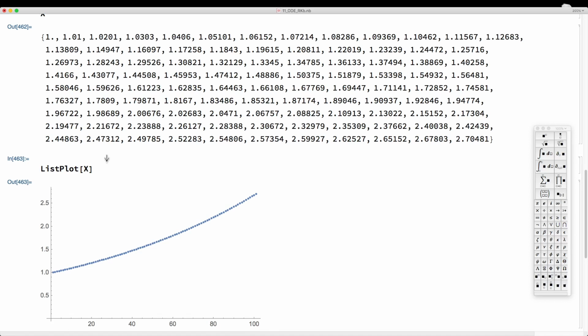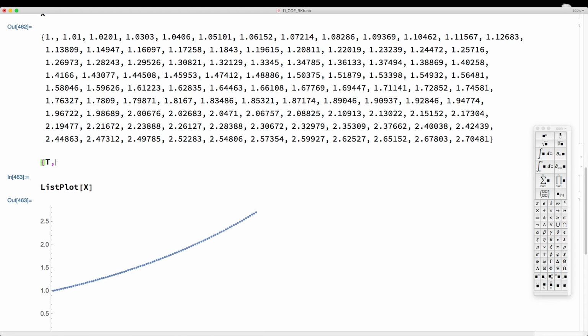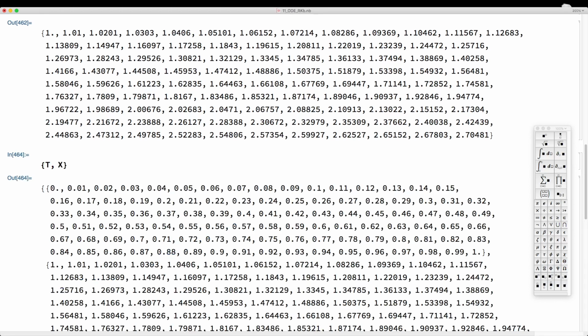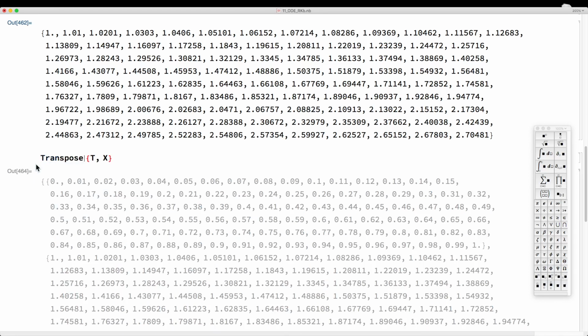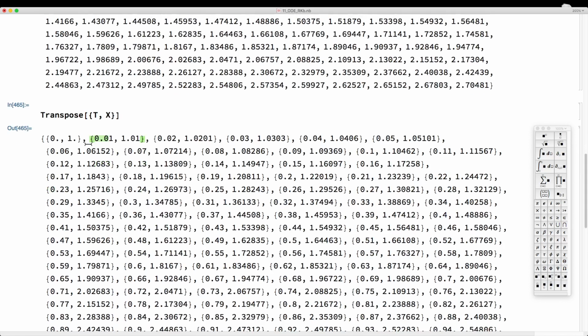Ideally, we want the parameter t, the time, to show up here. So to do that, as you hopefully recall from the first few videos, we need to pair up t and x, but we can't do that like that. We need to transpose. So that will create pairs of t1 x1 and t2 x2 and so on.